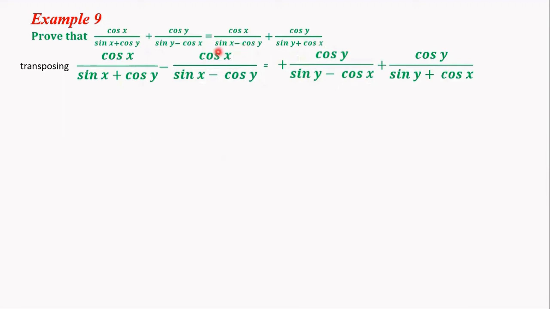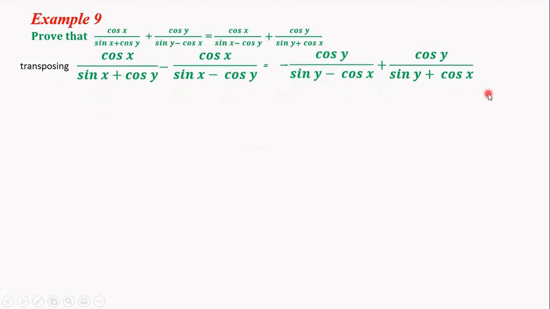This cos x by sin x minus cos y was positive while there in the right hand side. When it shifts in the left hand side, it becomes negative sign. For this one, cos y by sin y minus cos x, it is positive here in the LHS. Now, when it shifts to the right hand side, its sign becomes minus. It is minus cos y by sin y minus cos x.